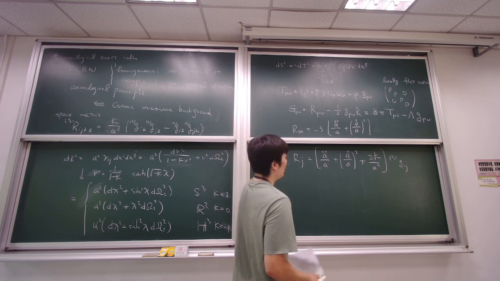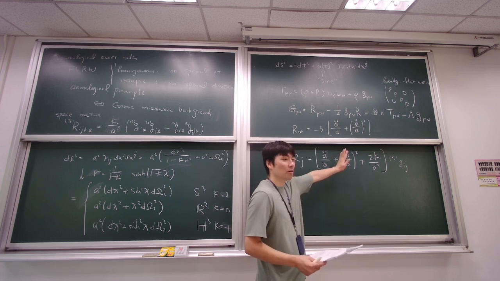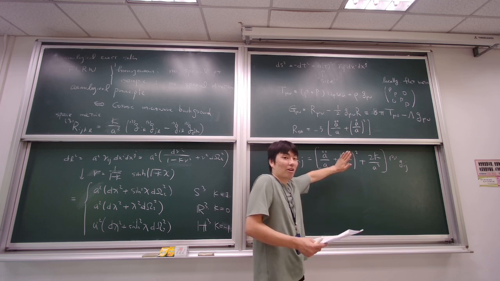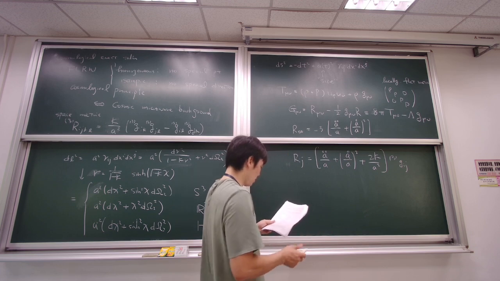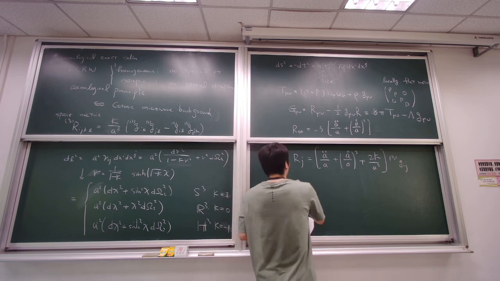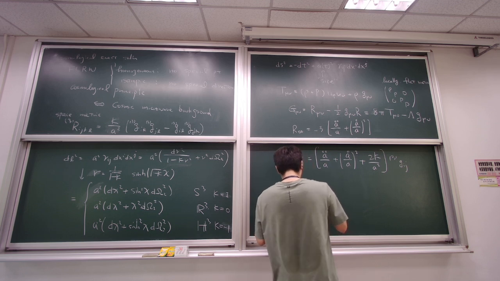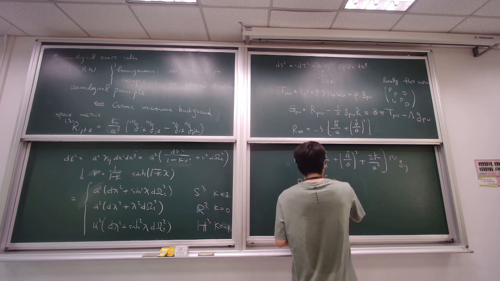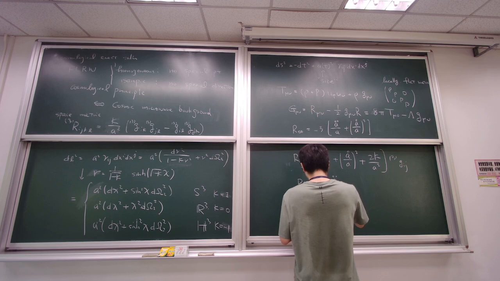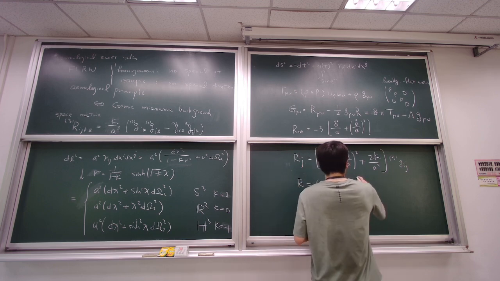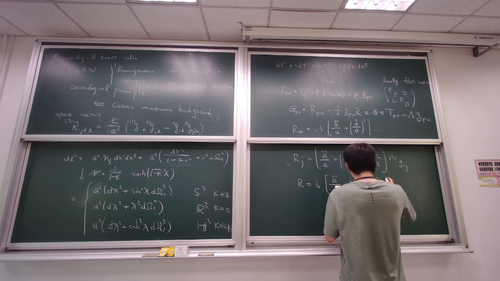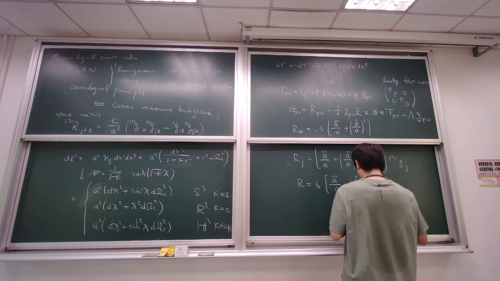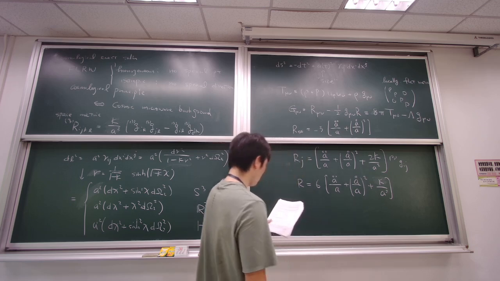Anyway, previously there was a 3, but now it is correct. This is the correct curvature, and R is equal to 6 times A double dot over A plus A dot squared over A squared plus K over A squared.